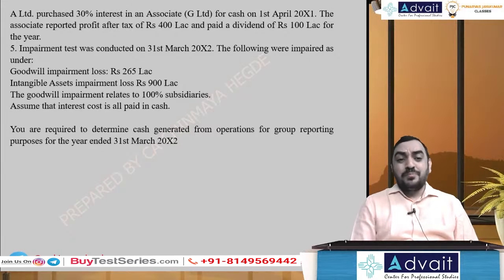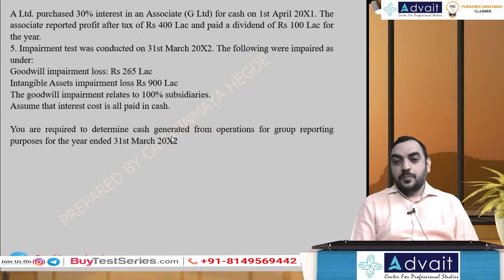The following were impaired: goodwill impairment loss 265, intangible assets impairment loss 900. Goodwill impairment relates to 100% of subsidiaries. Assume the interest cost is all paid in cash. Determine cash from operations of the group for the year ended 31st March 2002.